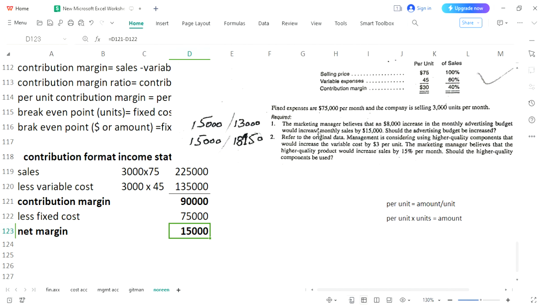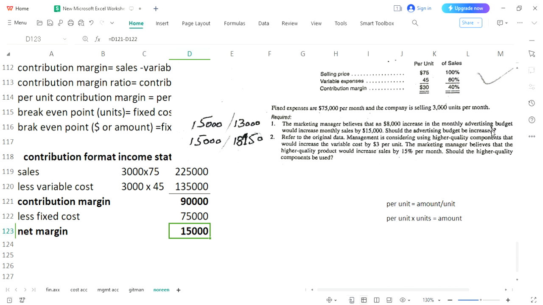The manager believes that an 8,000 increase in monthly advertising. Look, people just blindly trust that if you increase your advertisement and publicity, your sale will increase. But that would not always happen. You will have to be very conscious, think about it, and then make decisions.